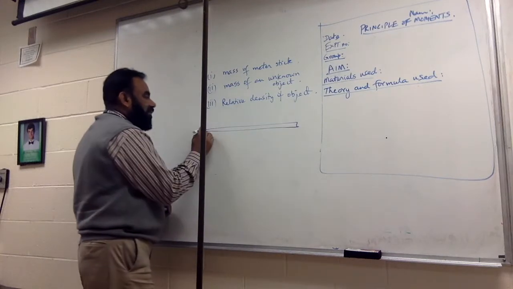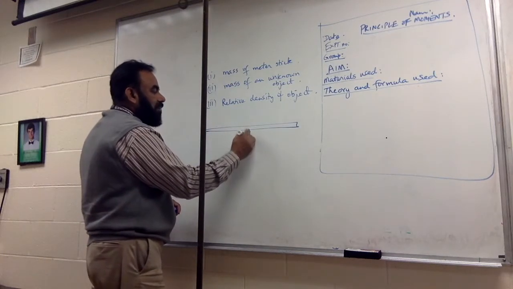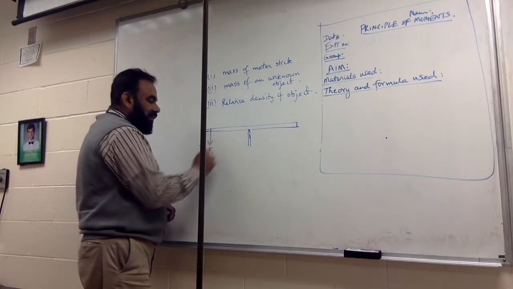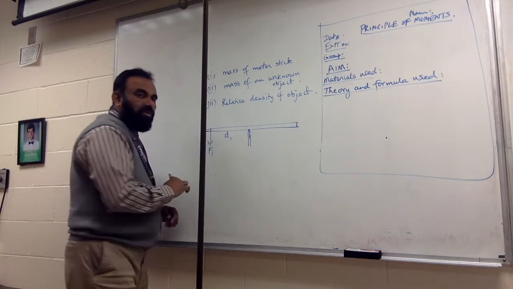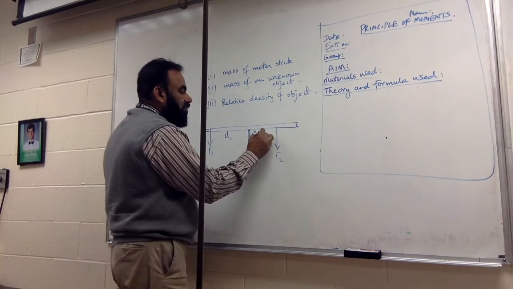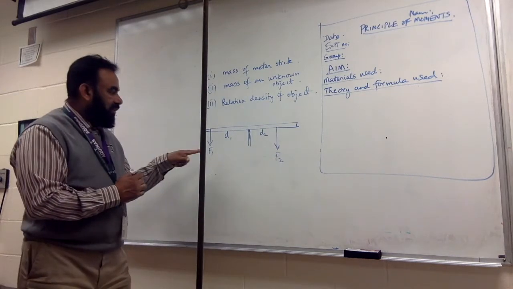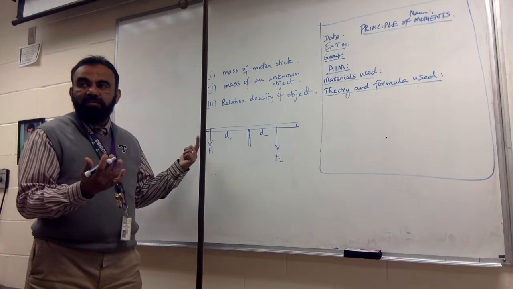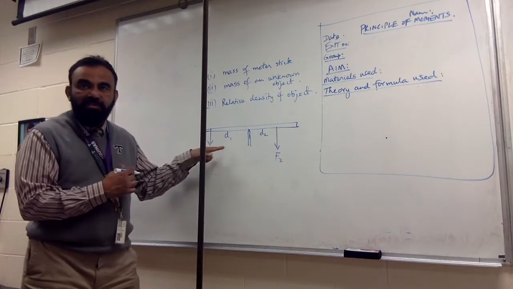When you have a beam balanced like that, if there's a force acting here and the distance is d1, and another force acting here at distance d2, F1 d1 is the torque, right? Force times perpendicular distance.